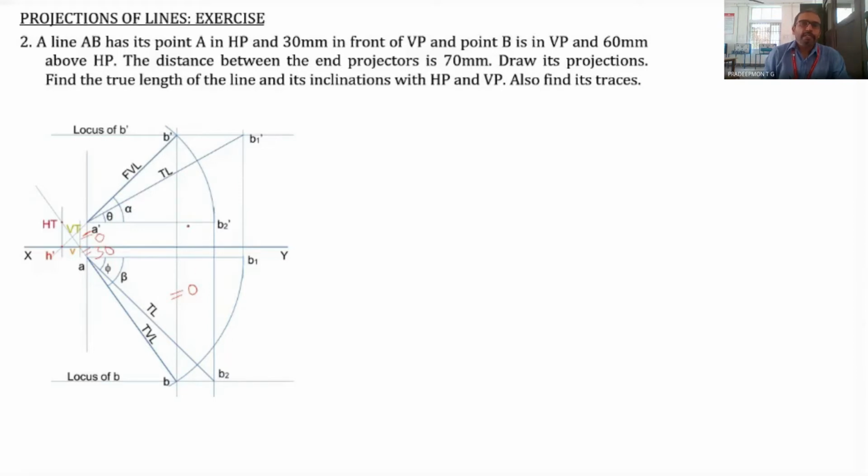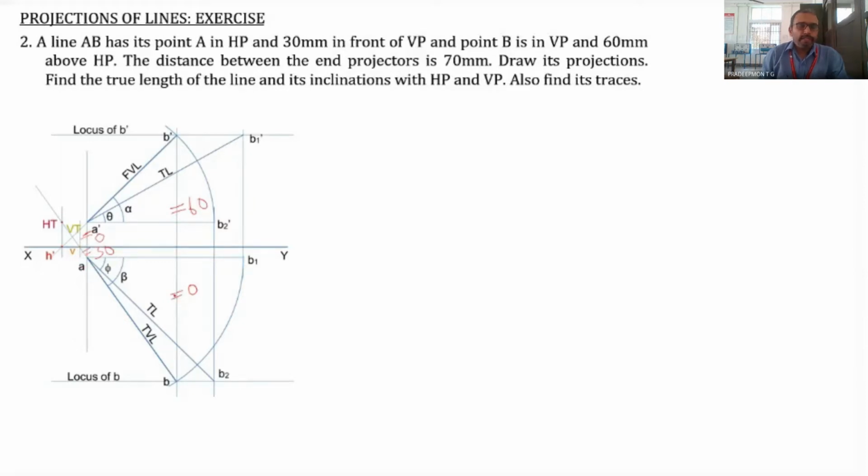And it is 60 millimeter above the HP. So this distance should be equal to 60 millimeter. So B dash should be 60 millimeter above XY. So the distance of A dash from XY should be equal to 0, and the distance of A from XY should be equal to 30.